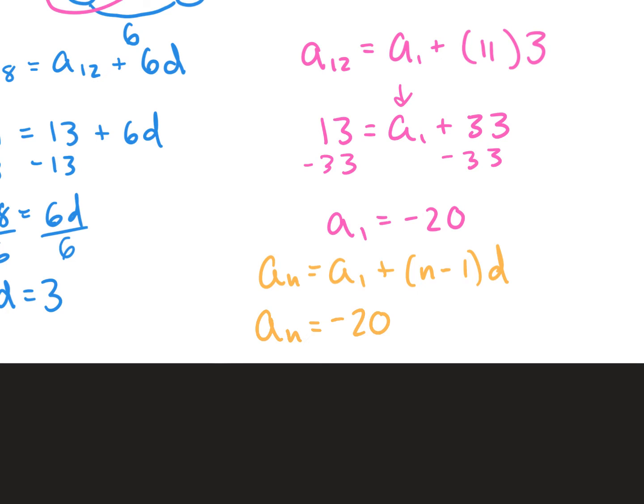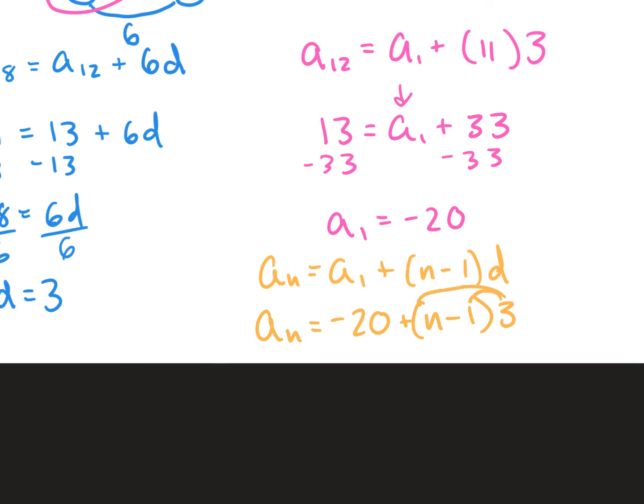So that works for everything. That's why we do 18 minus 12 and get 6, 12 minus 1 and get 11. So we can plug in whatever we want for n and 1 and just subtract them. So then plus n minus 1. And what's d? 3.